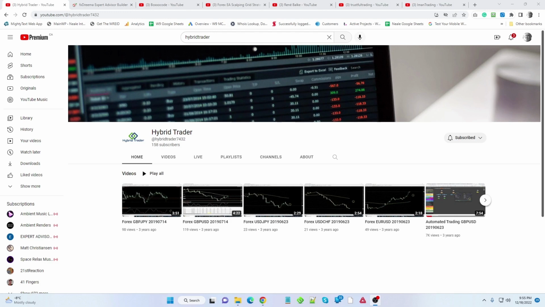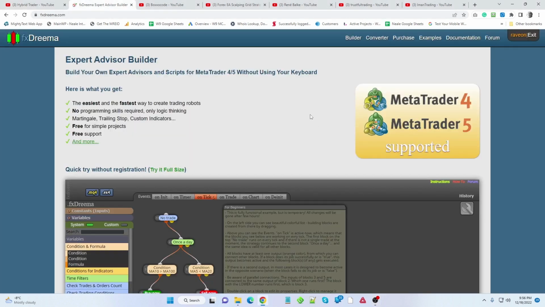The tool or the software and website I like to use to do all my coding is FXtrema. This is the website. Basically, it's a tag-based system. So instead of having a straightforward text editor to write all your code, this provides a series of tags like is shown below here.